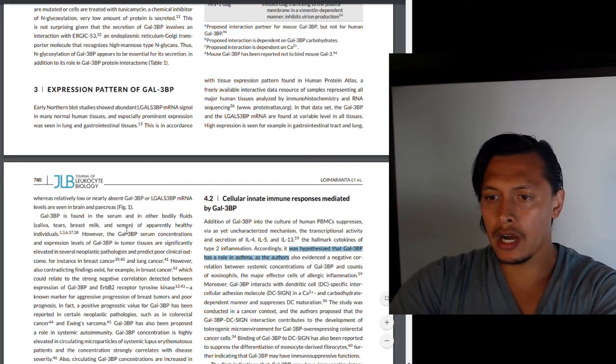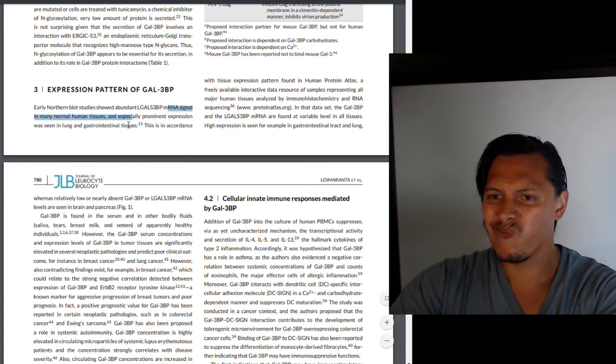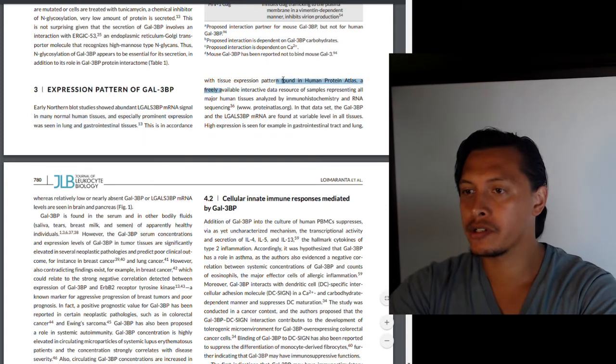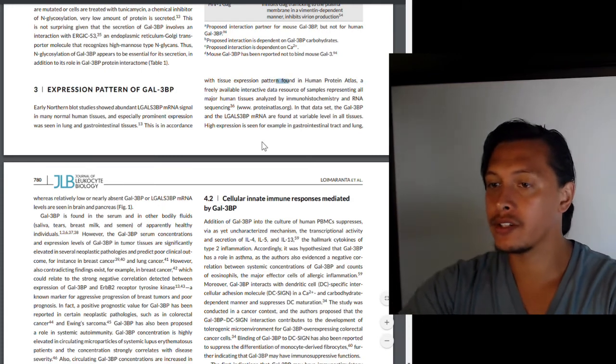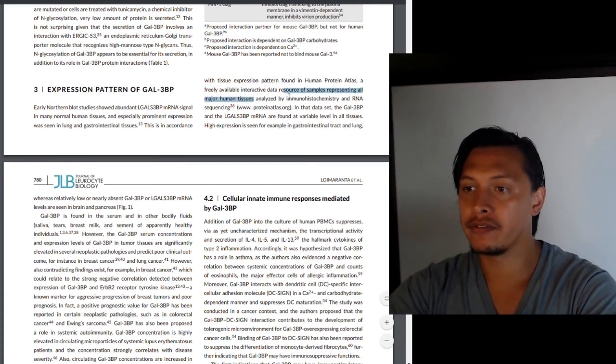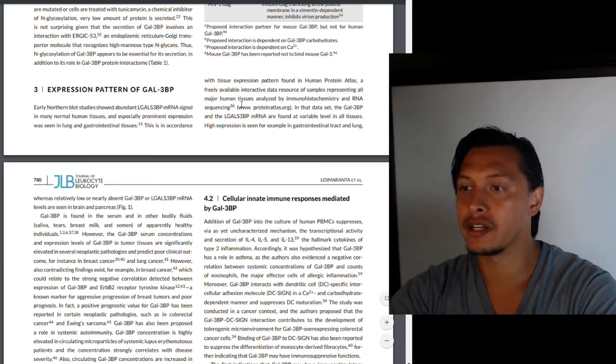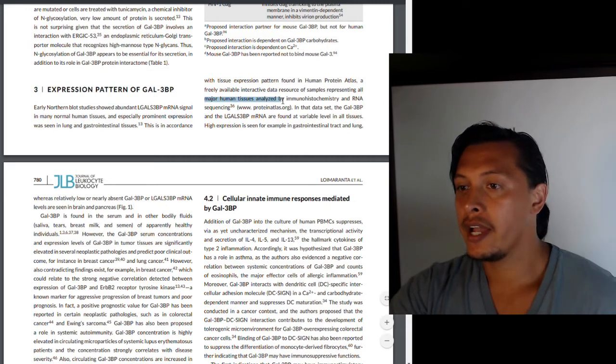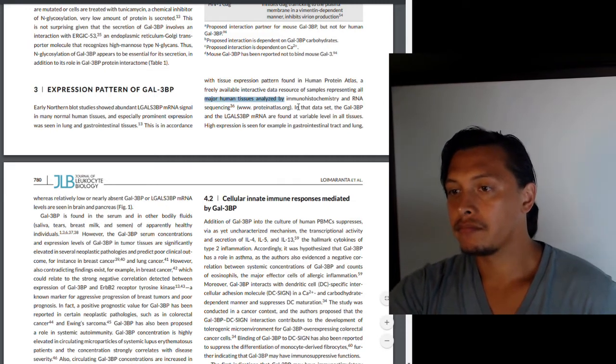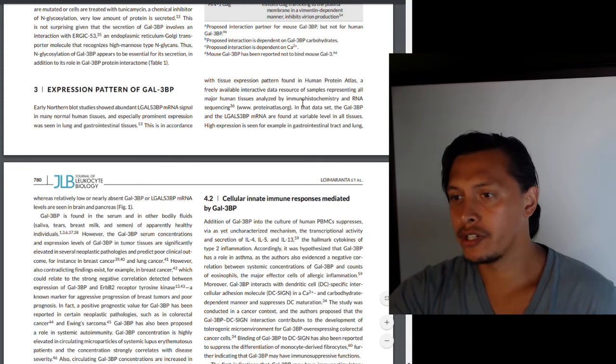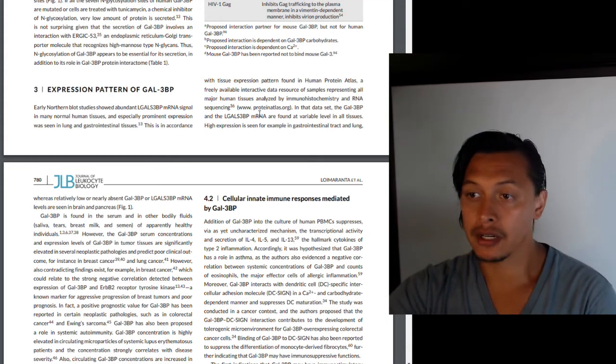This is in accordance with the tissue expression patterns found in the Human Protein Atlas, which is a freely available interactive data resource of samples representing all major human tissues analyzed by immunohistochemistry, don't worry too much about that, and RNA sequencing.